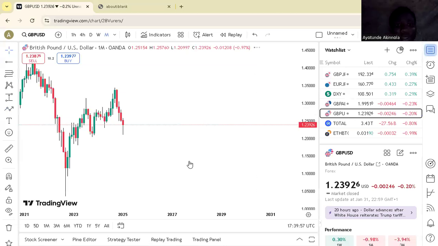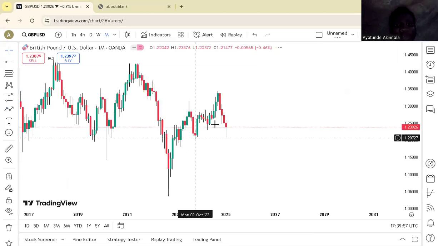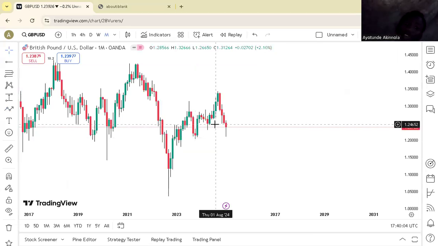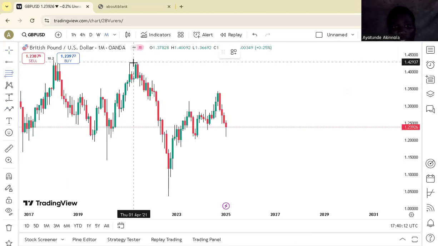So in the monthly time frame, what I saw was that GU is actually supposed to push down. Why? Because I use Fibonacci a lot.